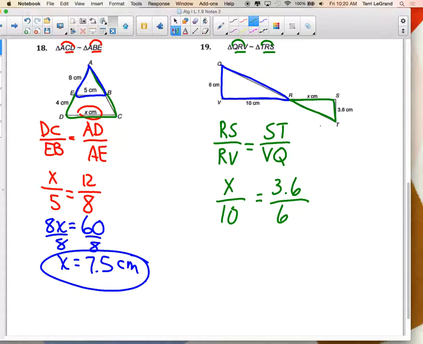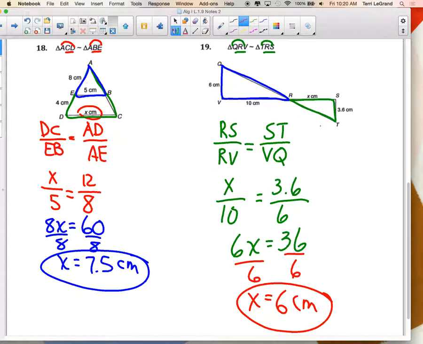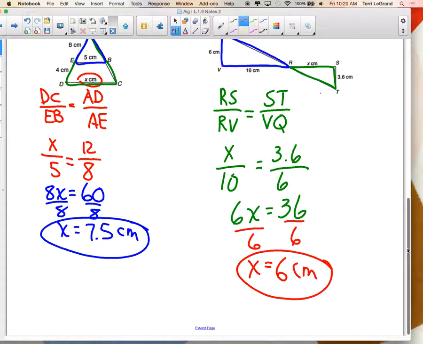Okay, solve for x. Yeah. And that's 6 what? Centimeters, yeah, 6 centimeters, okay.